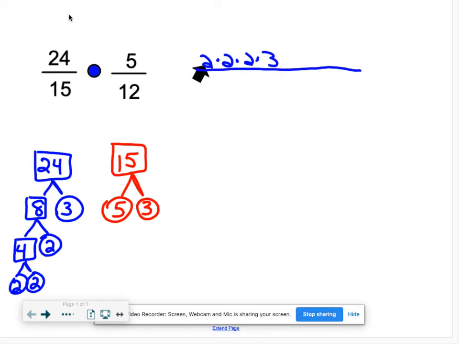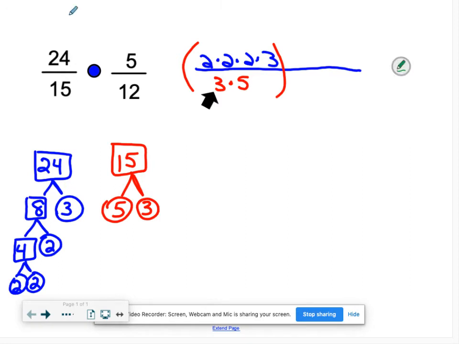So again, we're going to take our prime numbers 5 and 3, and because 15 is in the denominator, we're going to put it in the denominator of our new fraction we're doing multiplication with. So we're going to put in 3 times 5. This is our first fraction.